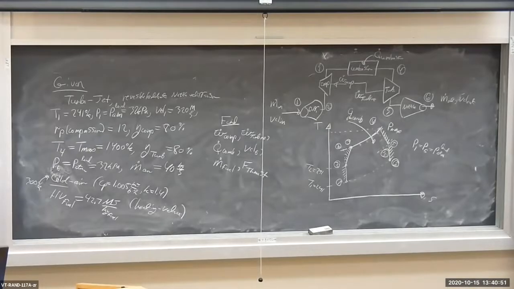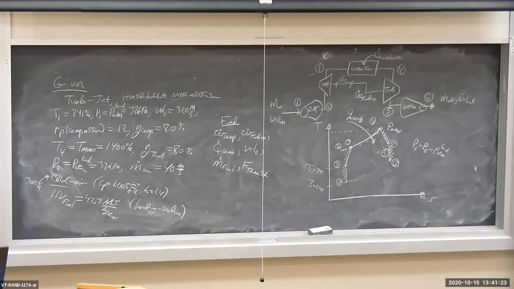We have T2 over T1 equal to P2 over P1 to the K minus 1 over K. So pressure P2 is equal to T2 over T1 to the K over K minus 1 power, times P1. I have T2, I have T1, I have P1.